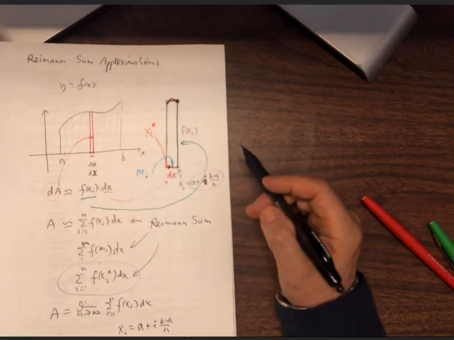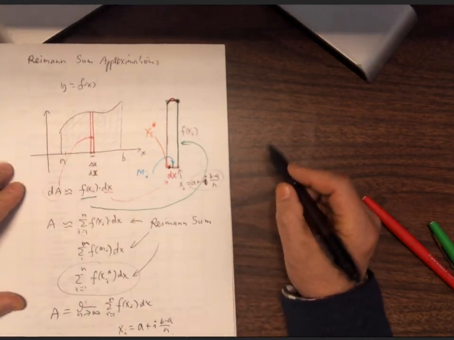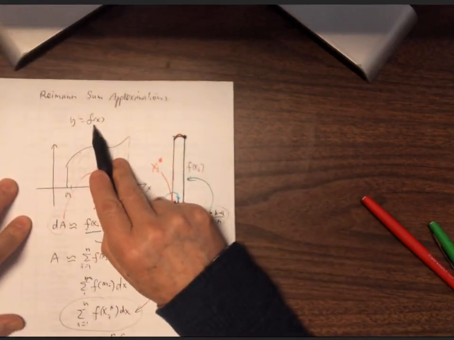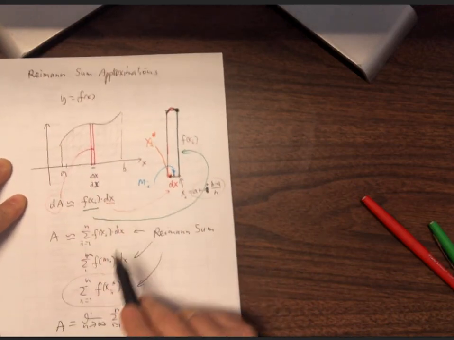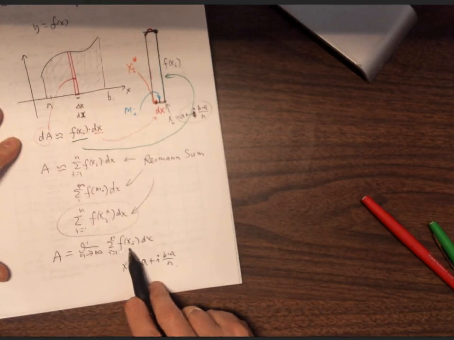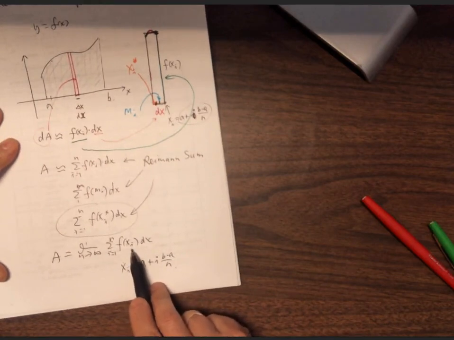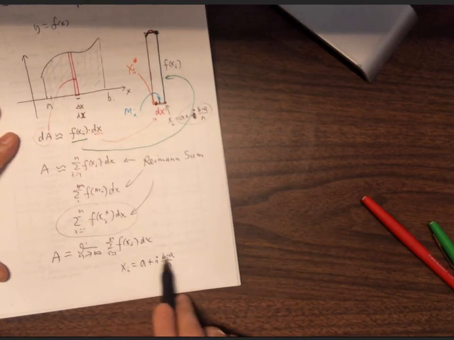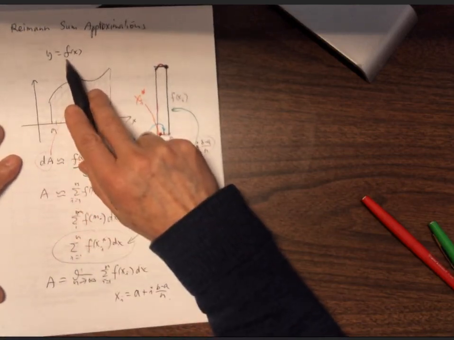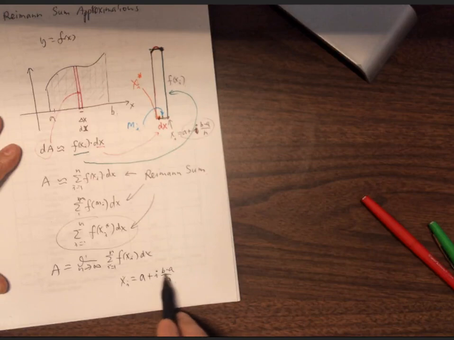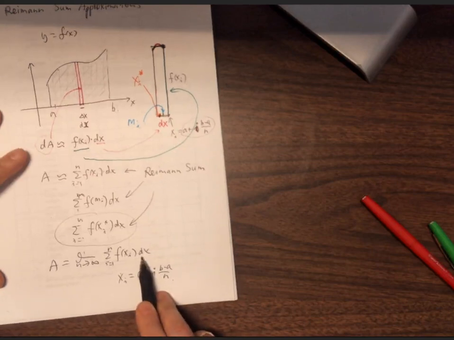Now, for a specific problem, we'll be given the function and the interval. So first we would determine the x of i's using this formula. Then evaluate the function at each x of i and multiply by the width.